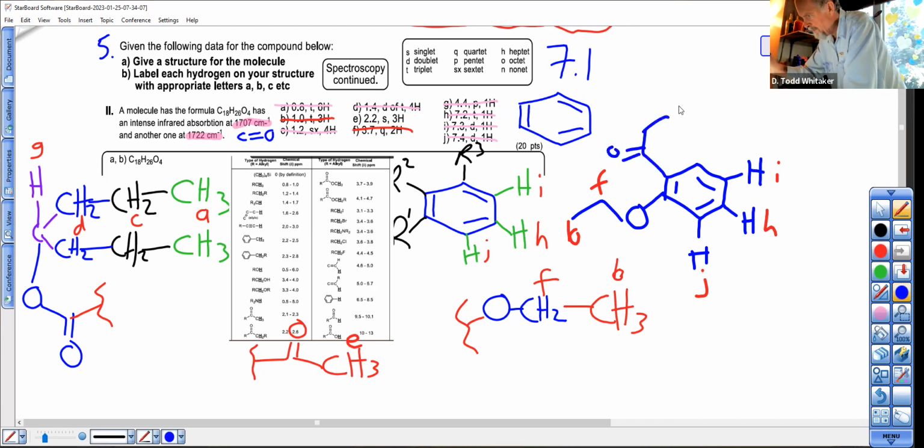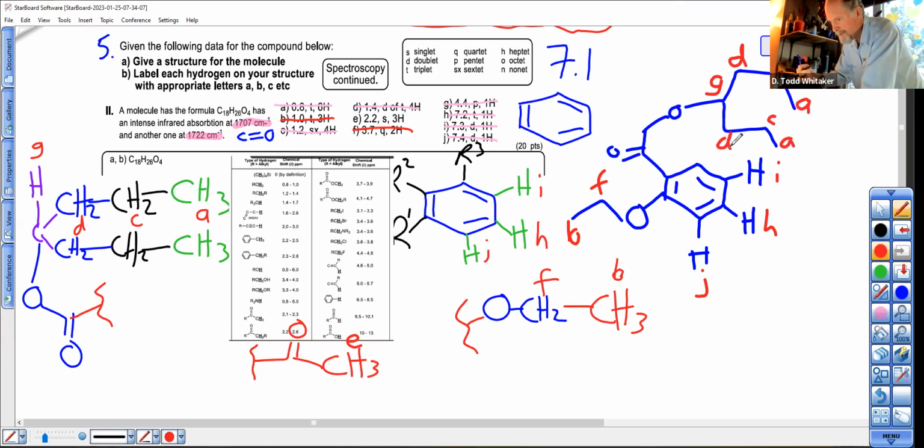And then O, and then a C. And we did G, D, C, A. G, D, C, A, C, D. And the 3rd group was just my carbonyl CH3.